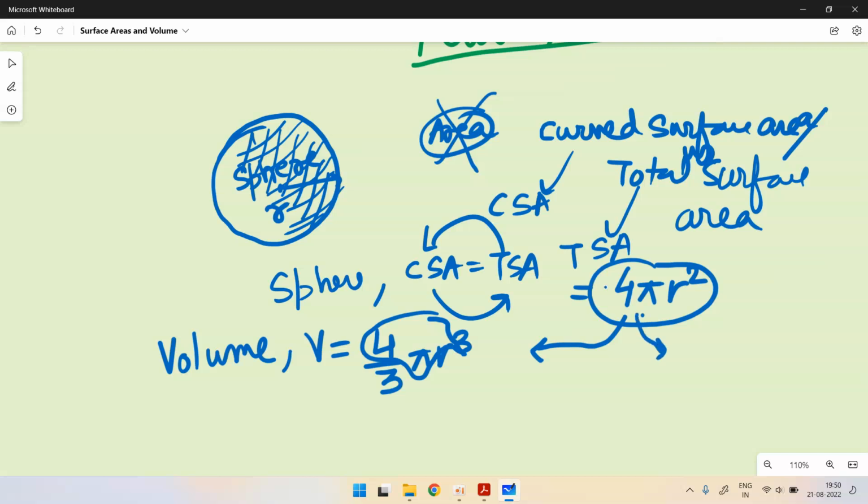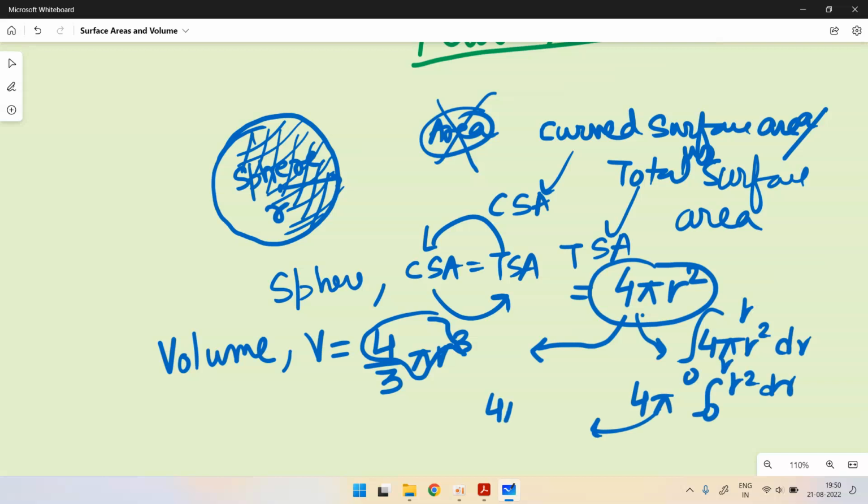Actually this comes from an integration. The integral of 4 pi r square dr from 0 to r, that is 4 pi times the integral of r square dr from 0 to r, is 4 pi r cube by 3.